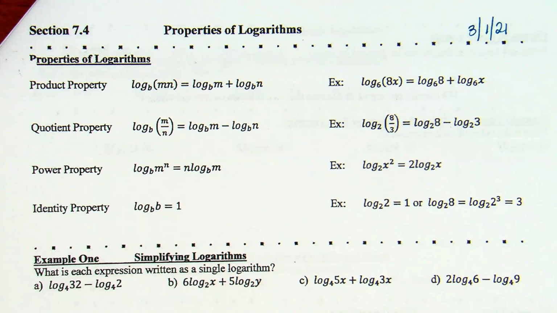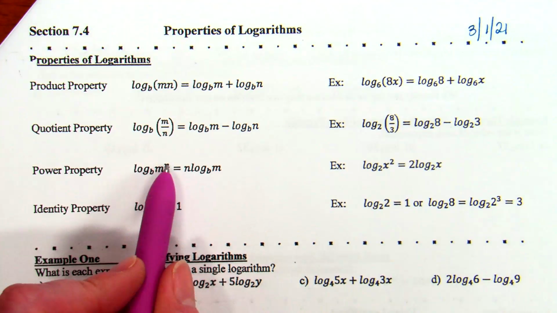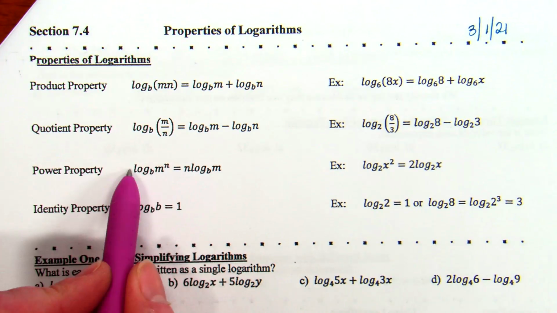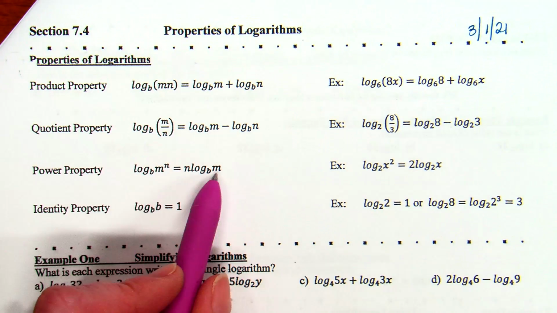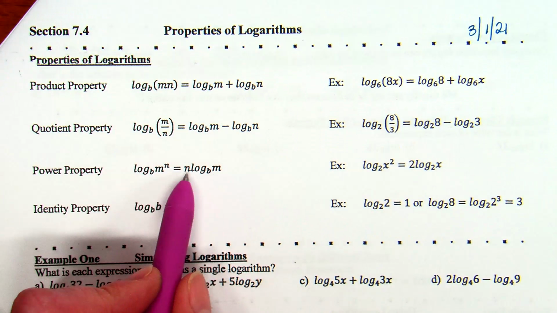The next property we have is the power property. If you notice the power property, log base b of m raised to the power of n, says that this power can be moved to the front. You'll notice here it's written as n times log base b of m. So whatever number or values in the exponent can also be moved out front and written as what I would call a coefficient.